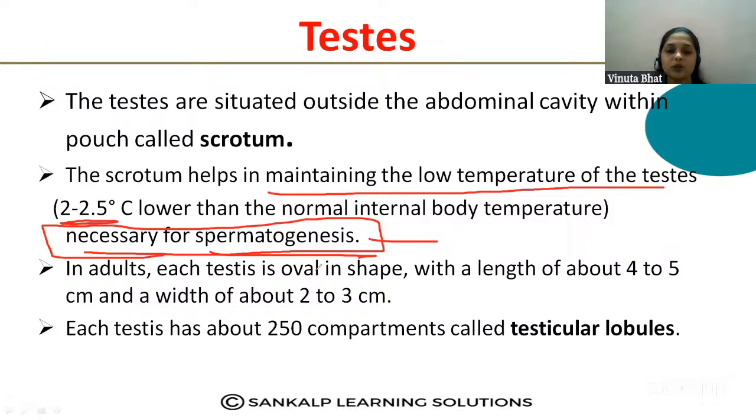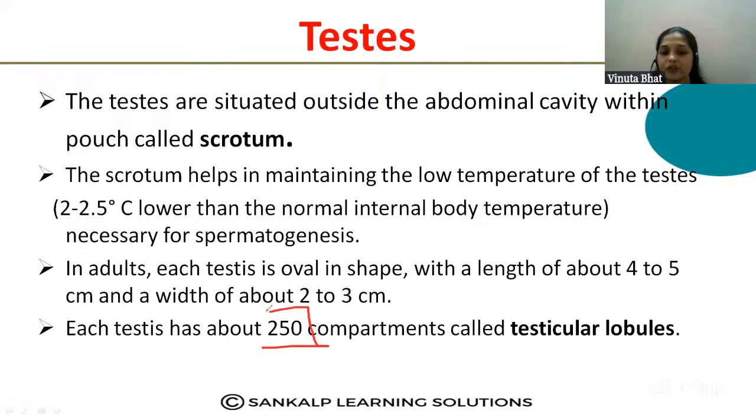In adults, what is the length and width of the testes? Length is about 4 to 5 centimeter and width is about 2 to 3 centimeter. Then each testis has compartments, around 250 compartments. This is also an MCQ question. Inside the testes, how many compartments are present?